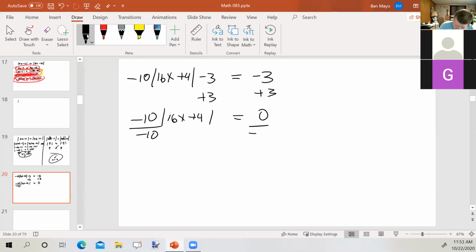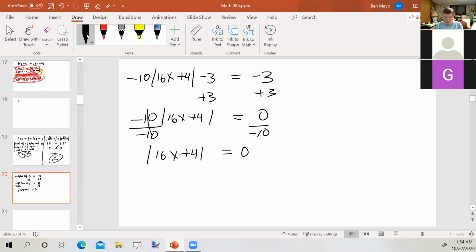Good. So then I'm going to get the absolute value of 16x plus 4 equals, what's 0 divided by a non-zero number? 0. Yes, dividing by 0 is undefined, but 0 divided by a non-zero number is fine.